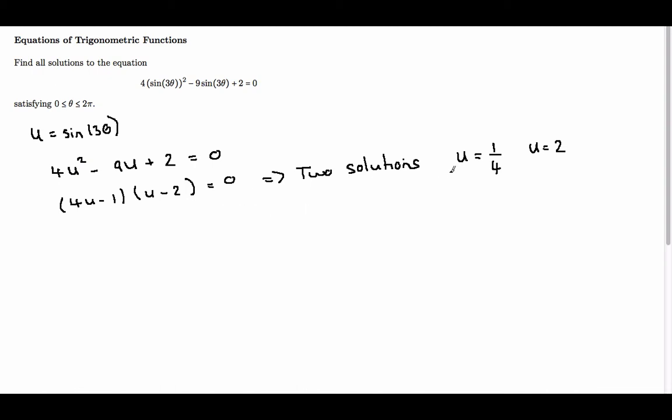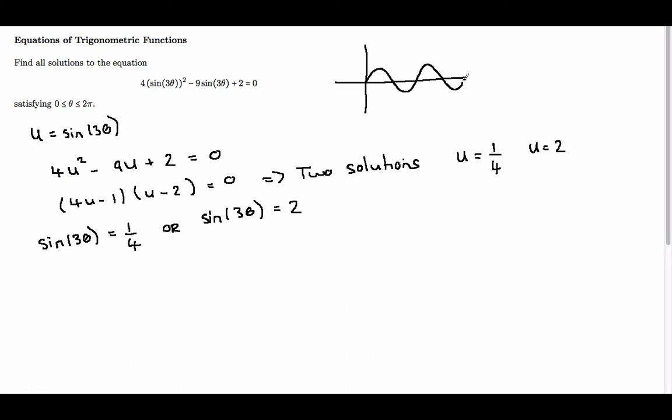Now what we can say is, as u was equal to sine of 3 theta, sine of 3 theta must be equal to 1/4, or we can say that sine of 3 theta is equal to 2. Now if we recall what sine theta looks like, sine theta just oscillates between 1 and minus 1.